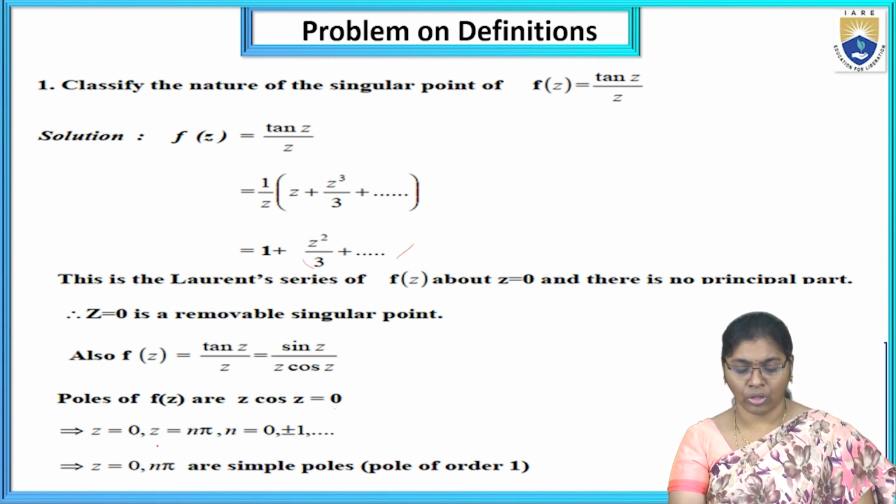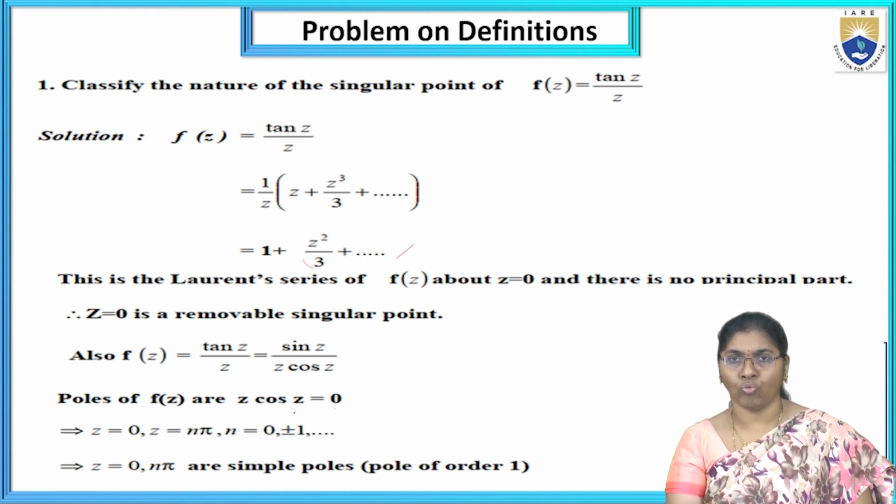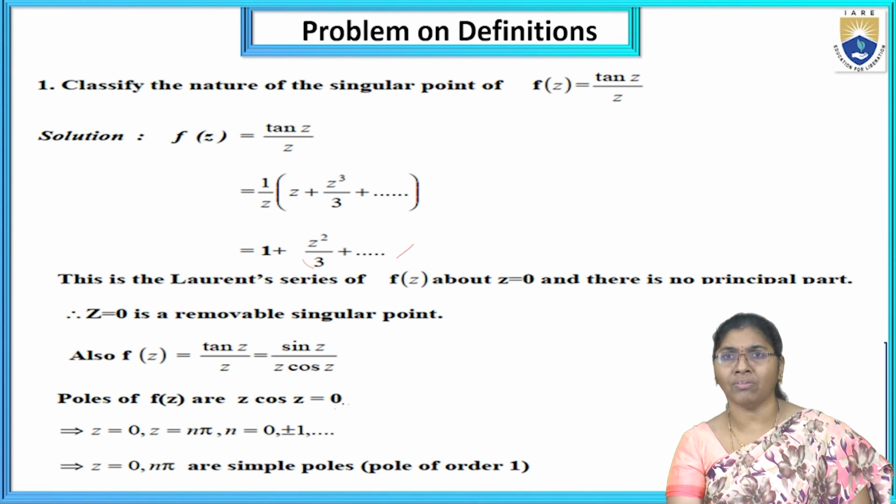Now z equal to 0, and z equal to n pi. Here two factors are occurring. The first is z equal to 0. Next, cos z equal to 0 gives z equal to n pi, where n equal to 0, plus or minus 1 only.